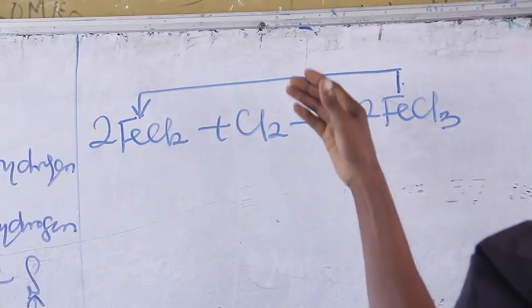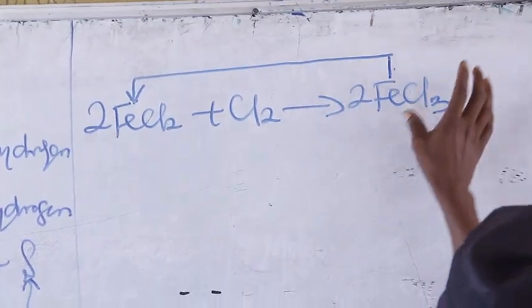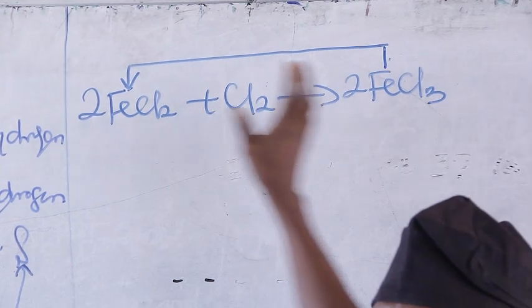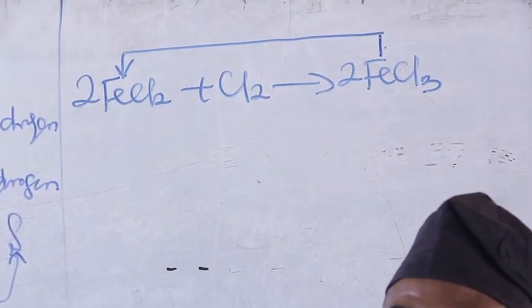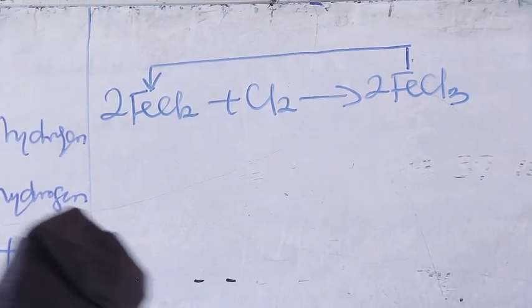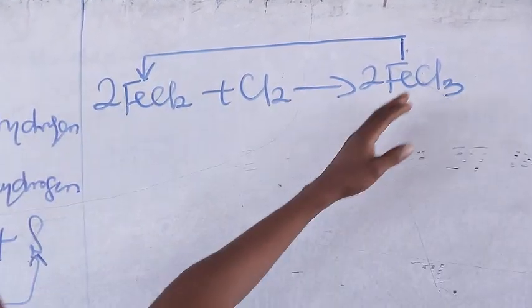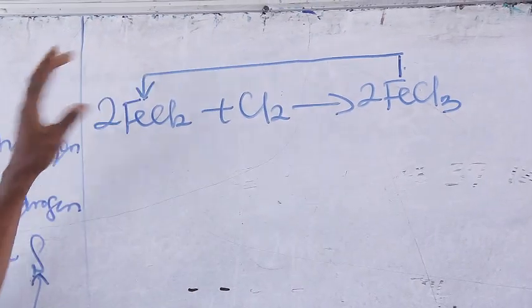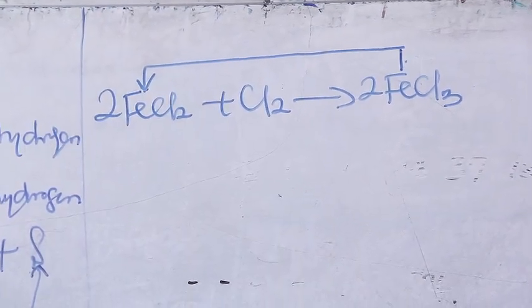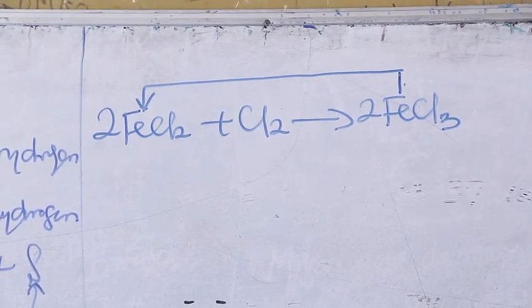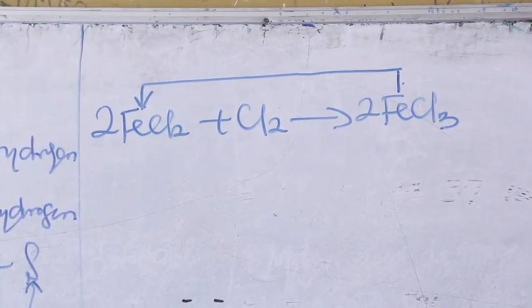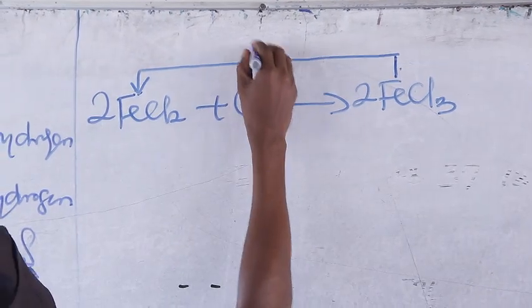Now let us look at what process occurs when we move from iron 3 chloride to iron 2 chloride. What happens when you move from iron 3 to iron 2? Removal of electropositive element, and what is that? We have now reduction.